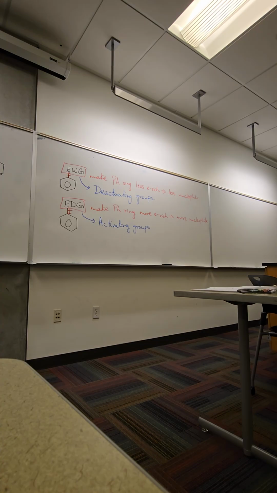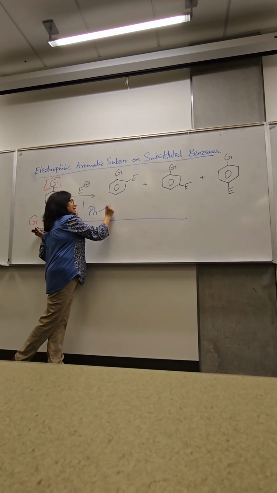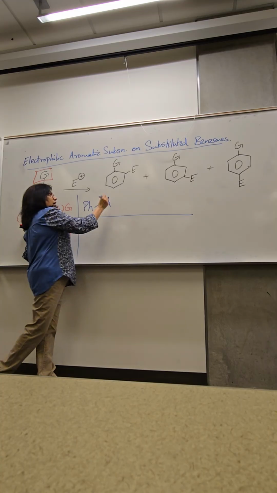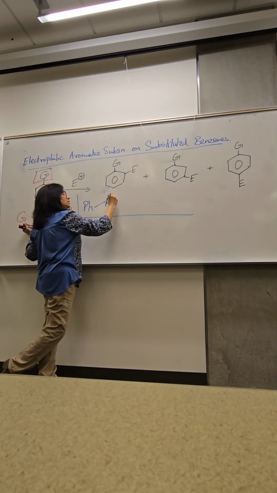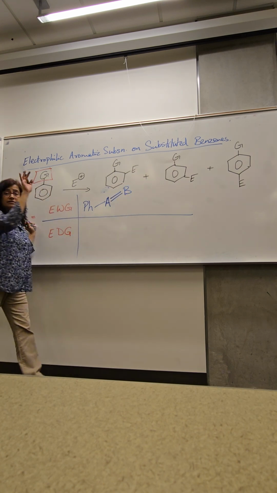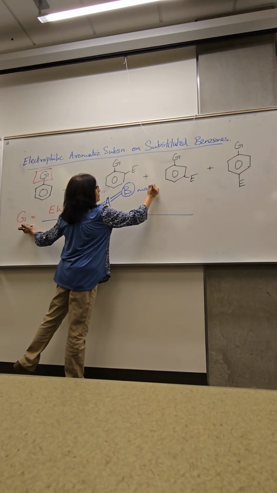One of the things you will see with the electron withdrawing groups is that the atom, whatever that is, it doesn't have to be carbon, it can be nitrogen or something else, but whatever the atom is, can I just say A for atom? Whatever that is, has a pi bond, doesn't have to be with oxygen, but has a pi bond to an atom B, whatever that is. And this atom is more electronegative.